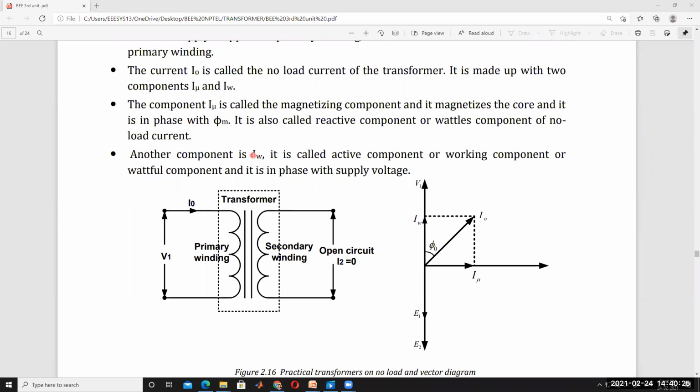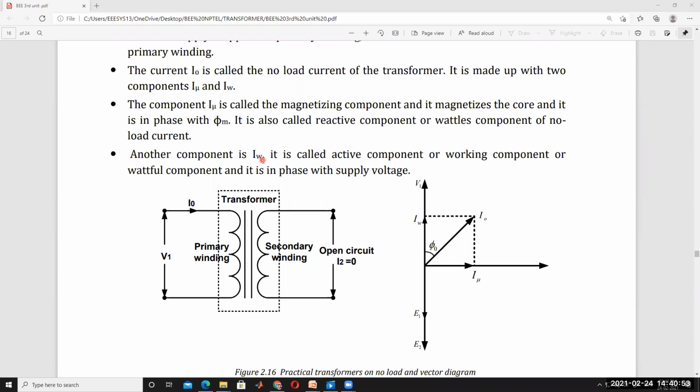This wattful component IW is in phase with the supply voltage V1. This is a wattful component because of the resistance of the winding, so it is in phase with the supply voltage.